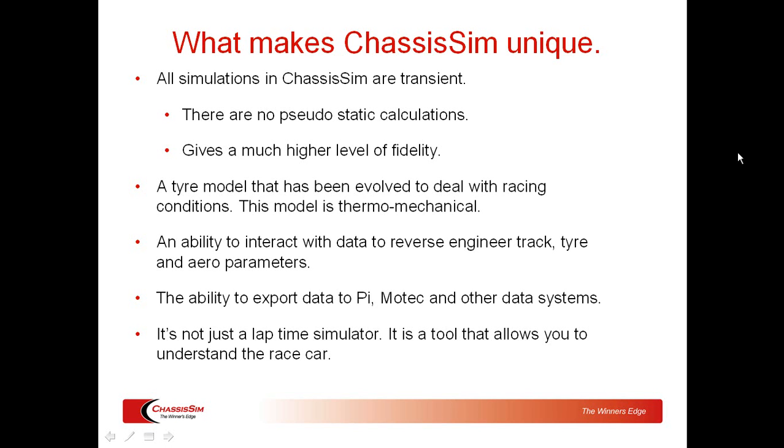The power that is resonant in ChassisSim is it's a tool that also allows you to understand the race car. And what you're going to be getting access to in ChassisSim Professional Online is a proper simulation tool. We have not cut any corners in ChassisSim Professional Online so that you'll have all the tools at your disposal to come up with a model that is both very accurate and that will tell you an awful lot about your race car.